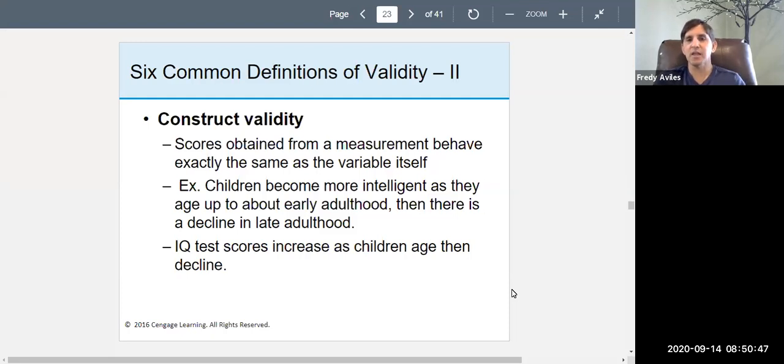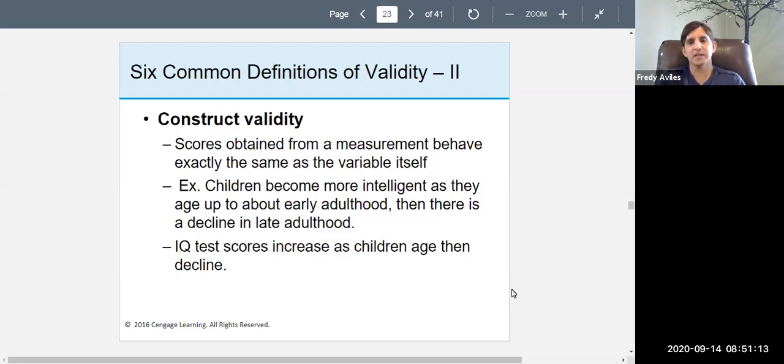So here's the thing. The IQ test scores should increase as children get older, if you give them the same kind of test, and then eventually level out and then decline, right? If we give this IQ test to people of different ages, those that are very young, that don't know very much, are probably not going to get too many questions right. They're going to have a low IQ, according to the test.